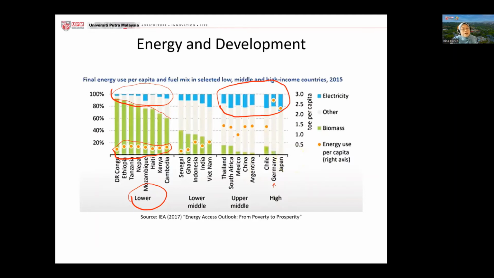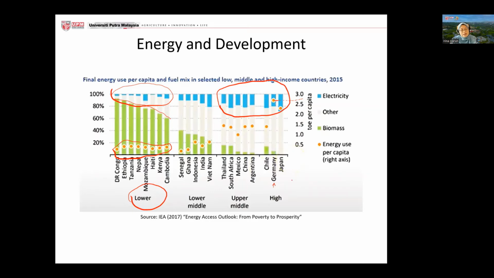But if we look at the higher income countries, they have 3 or 4 times higher. And Germany is even higher, almost like 90%. Sorry, the orange one is the right axis, so almost like 3 tons per capita.